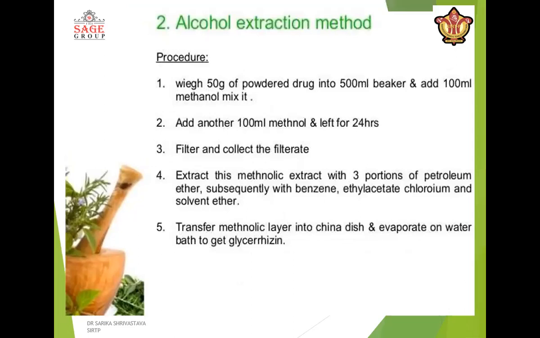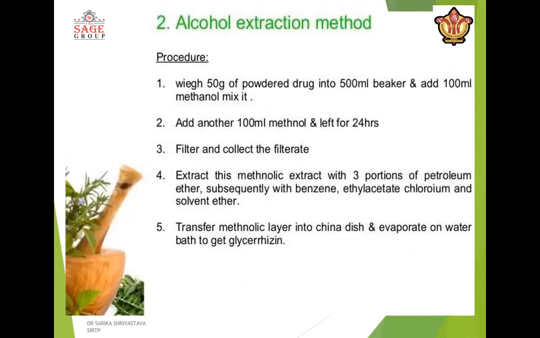The second method of isolation is the alcohol extraction method, in which we take 50 grams of powdered drug in a 500 ml beaker and add 100 ml methanol, mix it. Add another 100 ml methanol and leave for 24 hours. After 24 hours, we collect the filtrate.